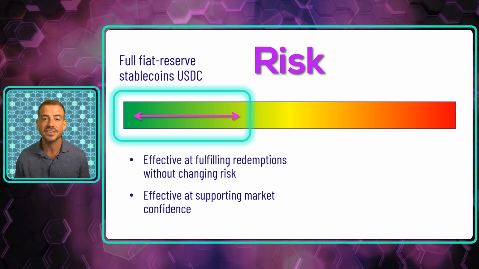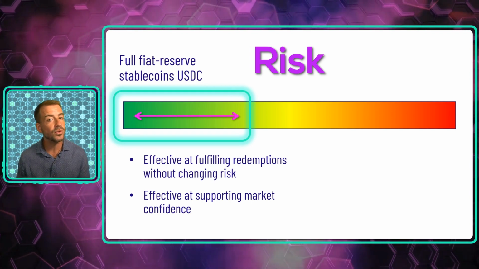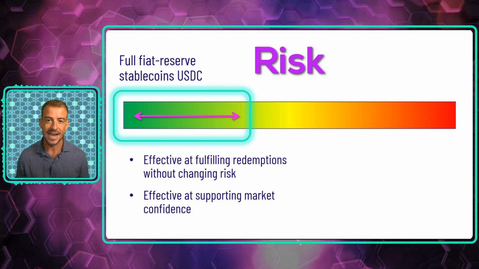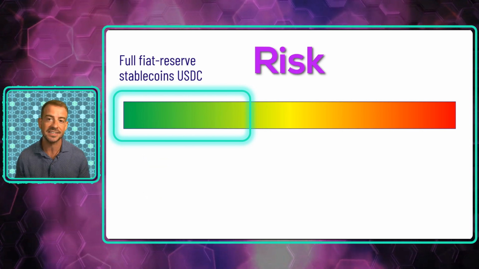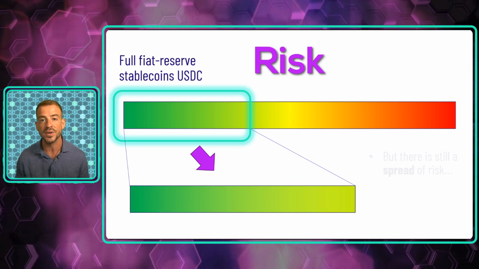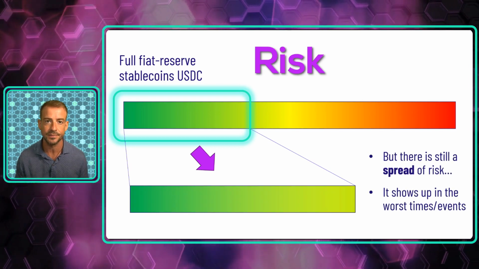So that restricts us to this less risky part of the spectrum. But even taking all these requirements into account, there is still a range of assets that could technically satisfy all these requirements. And those assets still have a risk ranking between them, even if those risk differentials only become material in times of severe stress.